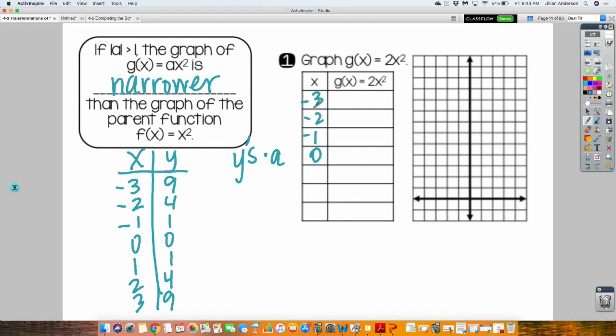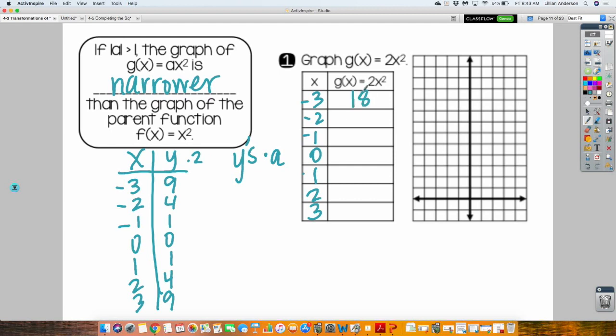All of my x's stay the same. But these y's, the original y's of x squared, they're going to be multiplied by what number? 2. So I'm going to multiply all of my y's by 2 to get the new y's of this 2x squared quadratic function, okay?